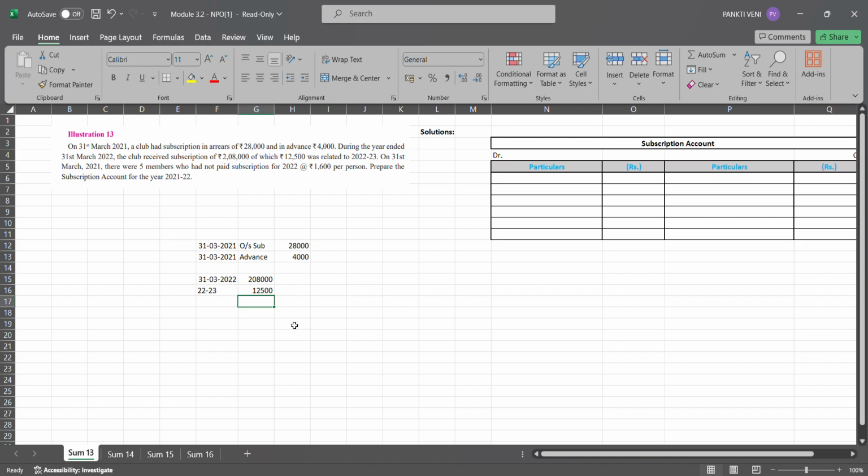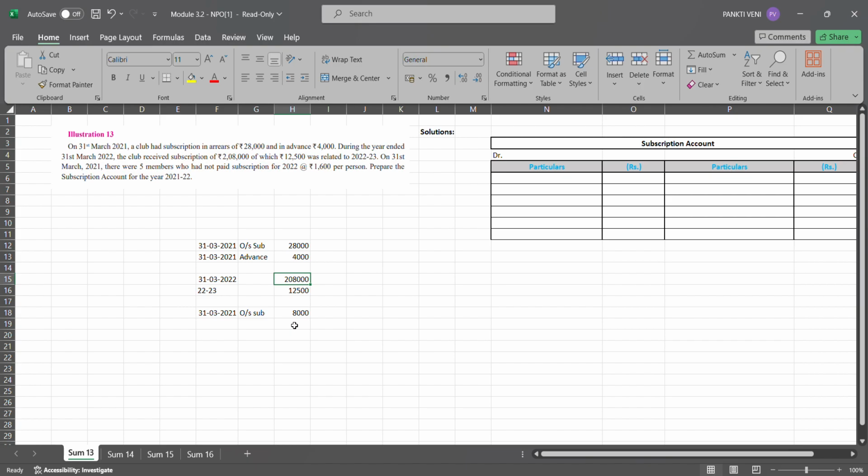On 31st March 2022, there are 5 members who have not paid, that is outstanding subscription, 1,600 into 5. Okay, so I have noted down the entire question.